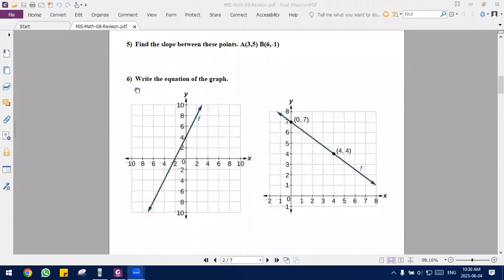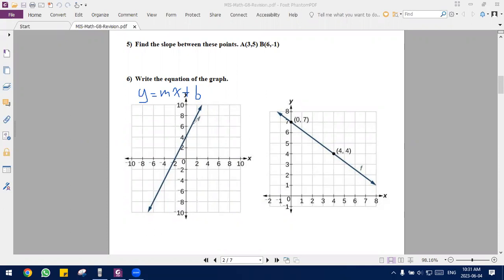Now question number 6, write the equation of the graph. So here we have a graph that is drawn. I need to find its equation. Now there are two methods to find the equation. First of all, we know that the equation is y equal to mx plus b. And I need to find the value of m, which is the slope, and the value of b, which is the y-intercept.